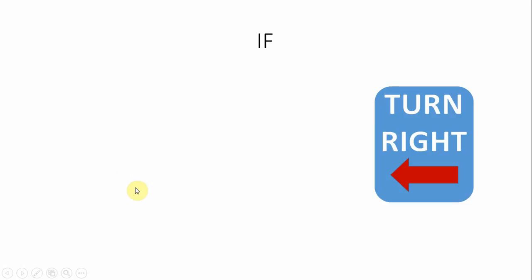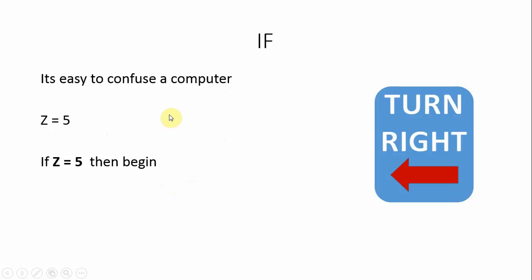Okay, so that's how we deal with equals in most cases, but you can confuse a computer. It's very easy to confuse a computer. Think about the sign. Let's start by thinking about z equals 5, or instead of saying z is going to be equal to 5, let's ask a question. And the question is, if z equals 5, then begin or do something. I don't really care what. Yep, it's a question.